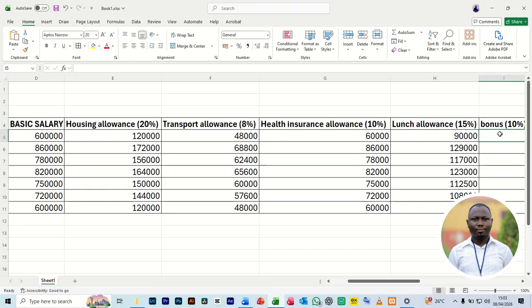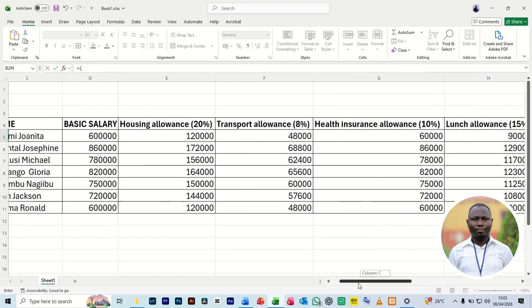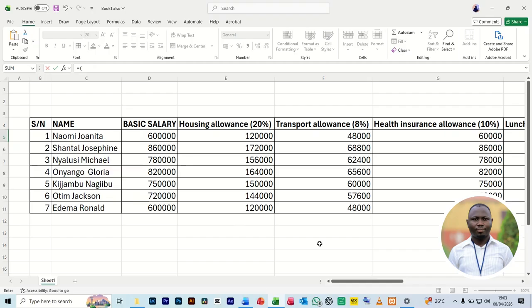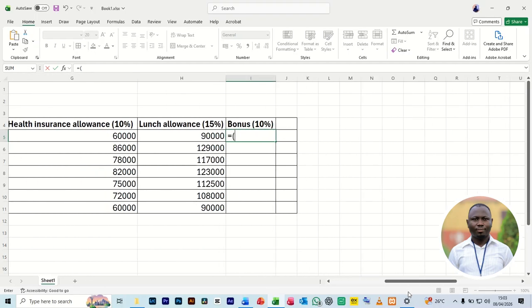Then lastly, we have bonus. For the bonus, we're going to say equal sign, open bracket, 10 divided by 100, close bracket, we multiply it by our D5, which is our basic salary, hit enter, and then we're going to get that value.